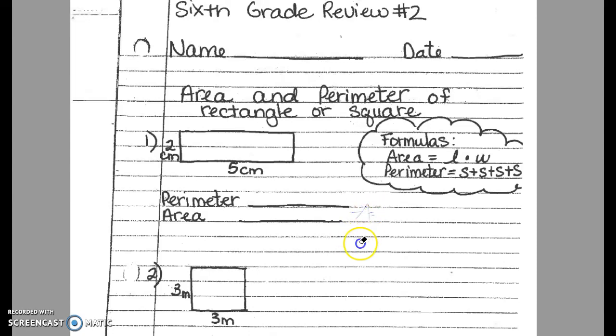So erase that. And now I'm going to have A equals length times width. Okay? Now underneath that I'm going to write down the length and the width to match whatever number goes with the letter. So my length over here is 5 times my width, which is 2.